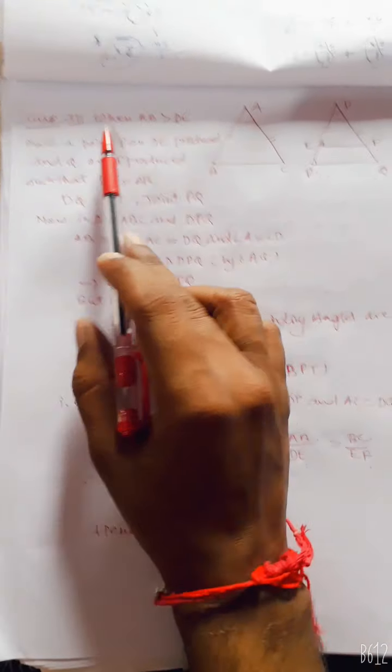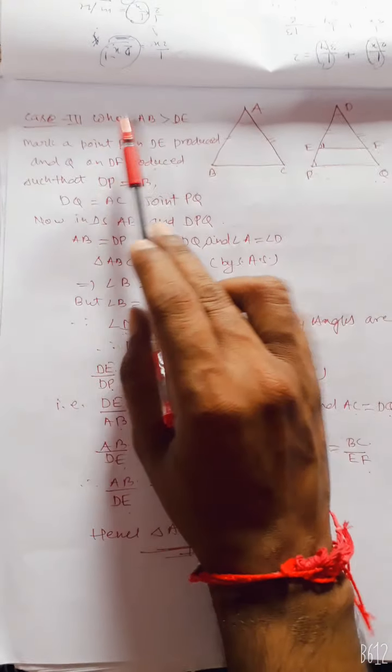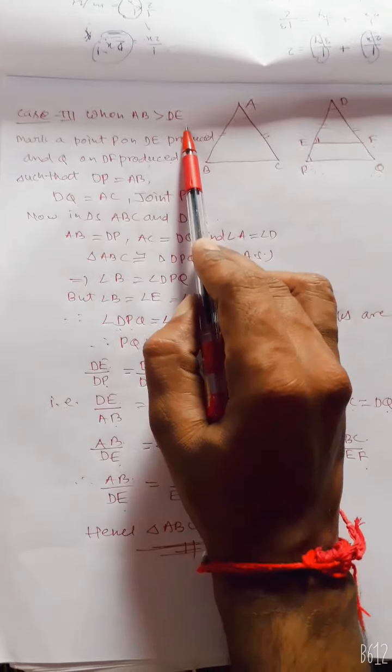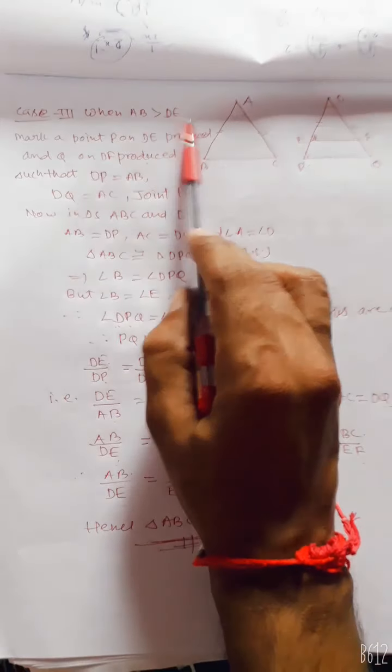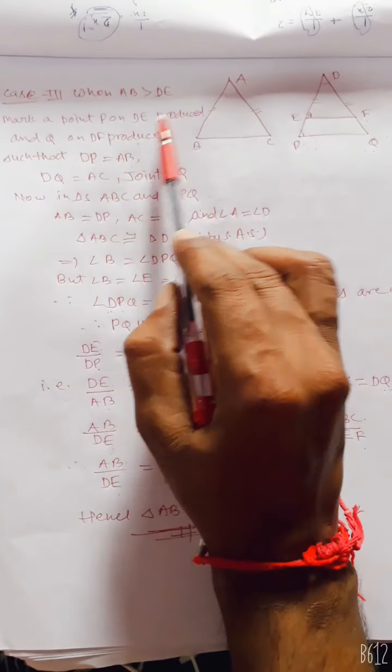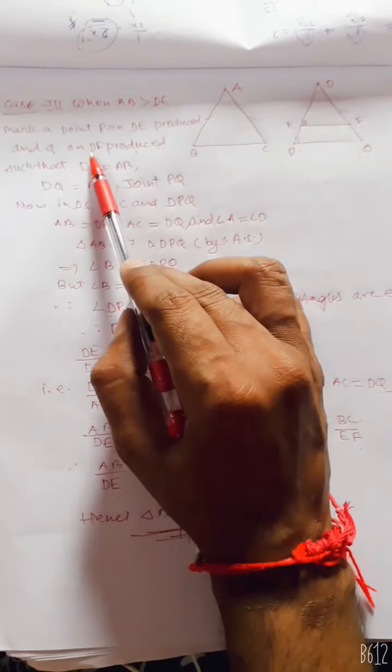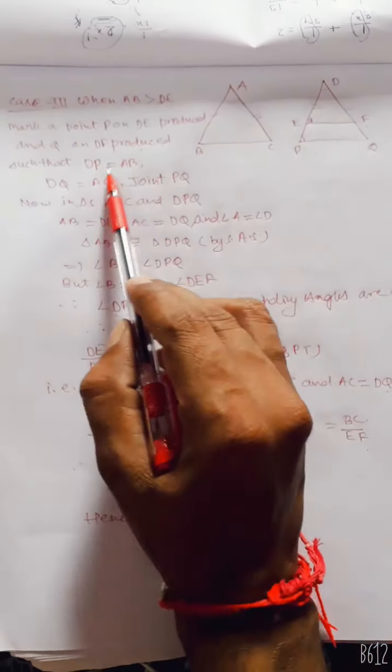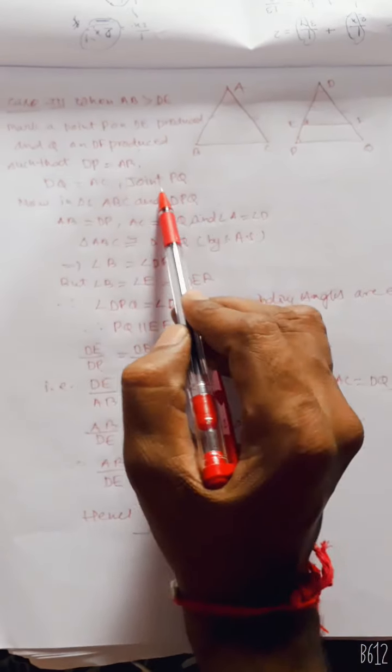Now the third situation, when AB is greater than DE. Once AB is greater than DE, again we require some construction. Mark a point P on DE produced and Q on DF produced such that DP equals AB and DQ equals AC, join PQ.